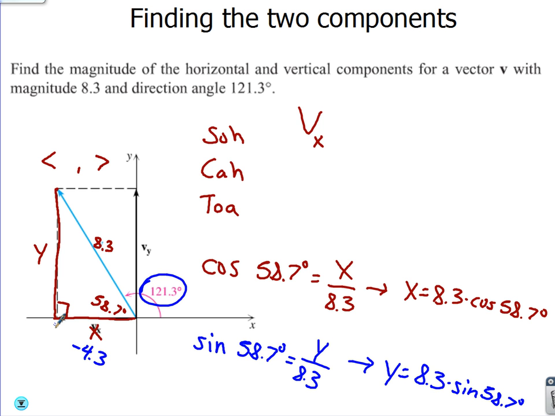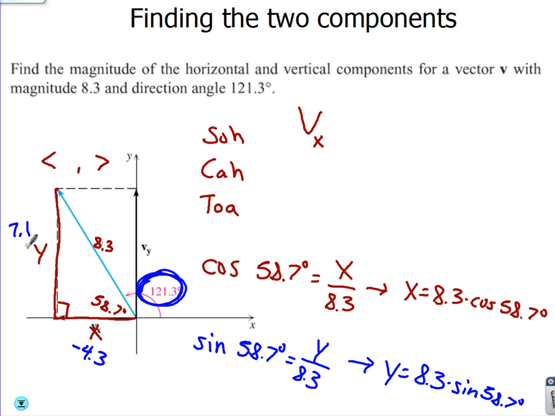Like I said, had I used this angle, 121.3, instead of that 58.7 degree angle, my cosine would have been negative. So it would have taken care of the sign for you. Either way, you're going to get a positive y value, whether you use 121.3 or 58.7. What do you get for y? 7.1.